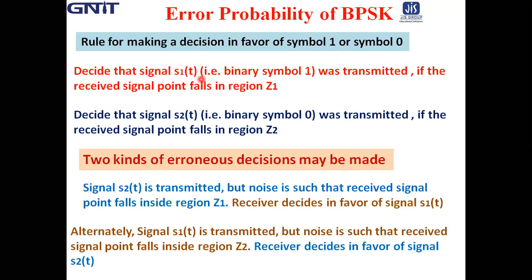Now the decision rule is simply to decide that signal S1(t), that is binary symbol 1, was transmitted if the received signal point falls in region Z1, and decide that signal S2(t), that is binary symbol 0, was transmitted if the received signal point falls in region Z2.